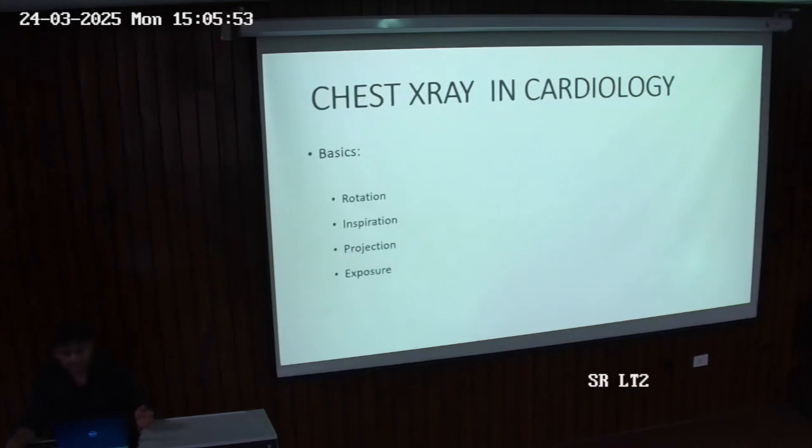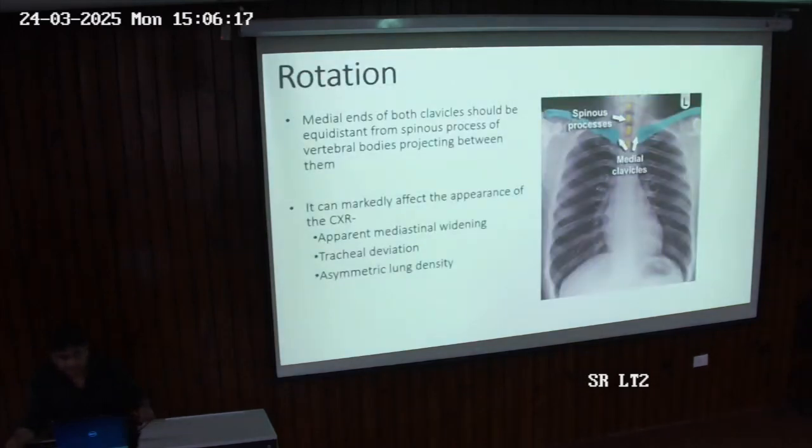Chest X-ray in cardiology is a basic tool. How will you describe a chest X-ray? There are certain aspects you should keep in mind: rotation, whether it is aligned or not, inspiration, whether properly exposed, and projection. For rotation, the medial ends of both clavicles should be equally distant from the spinous process of the vertebral body.